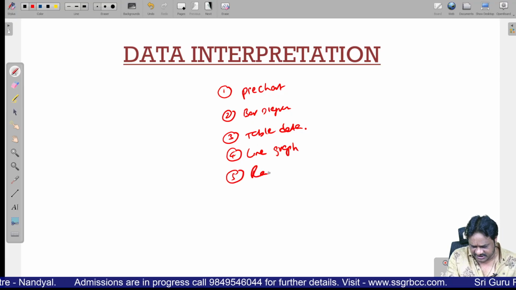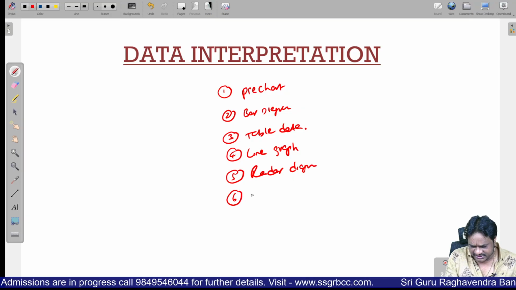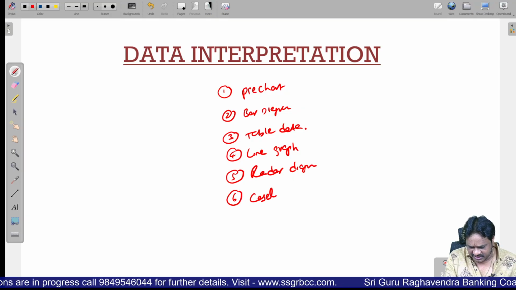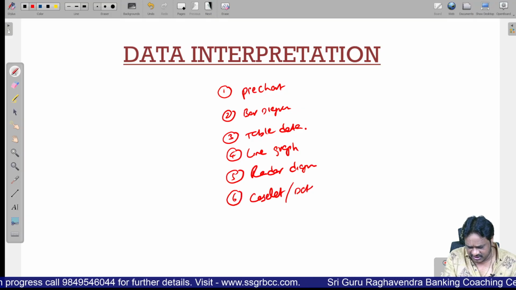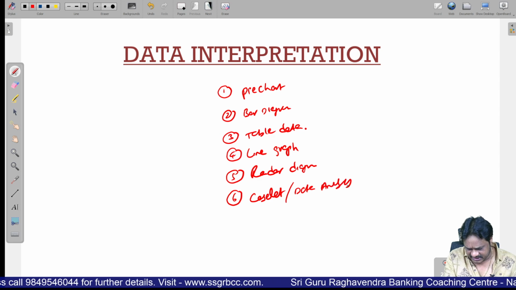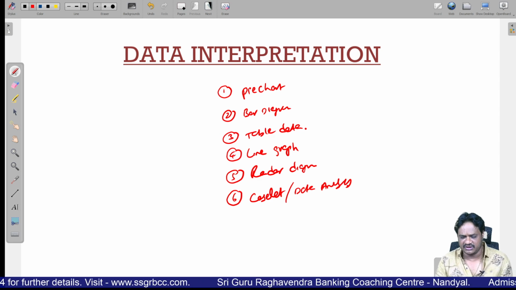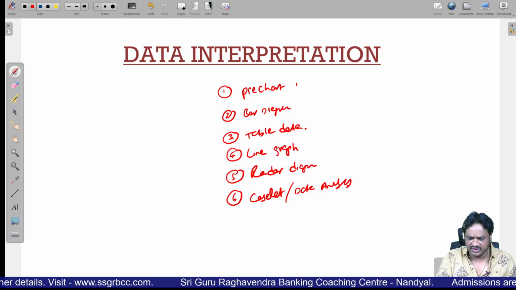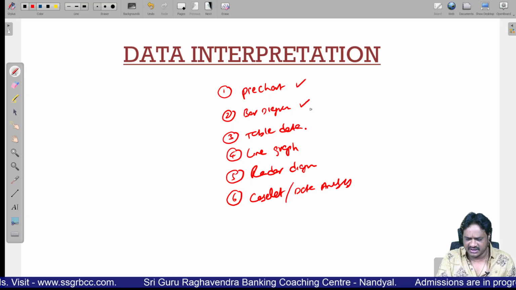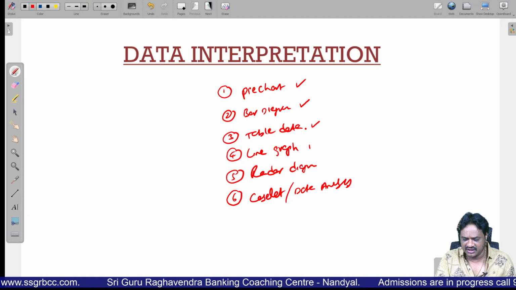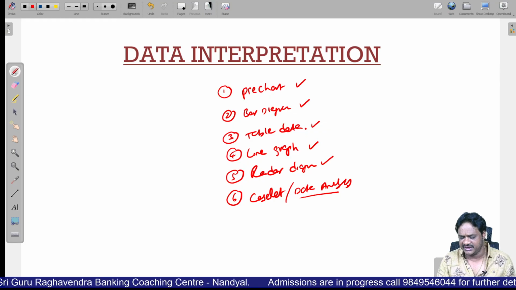Fifth is the radar diagram. And the sixth one is nothing but caselet or data analysis. These are the types of problems that will come in data interpretation: pie chart, bar diagram, table data, line graph, radar diagram, caselet or data analysis.